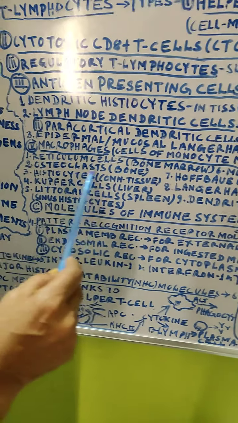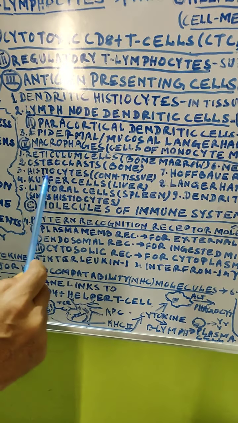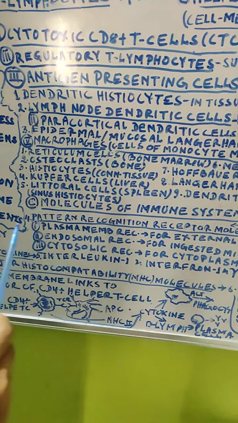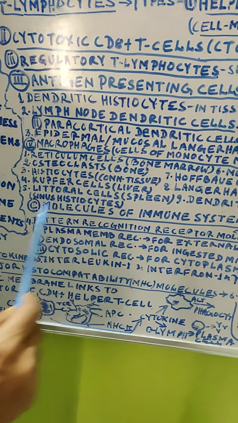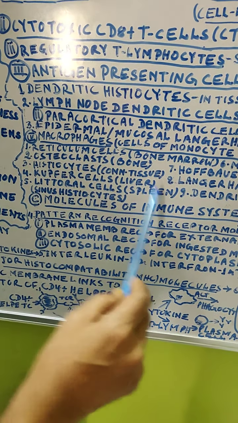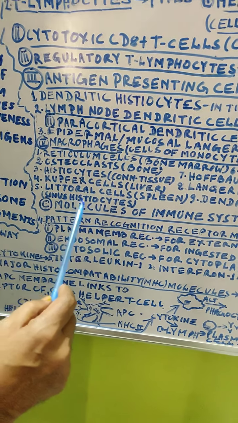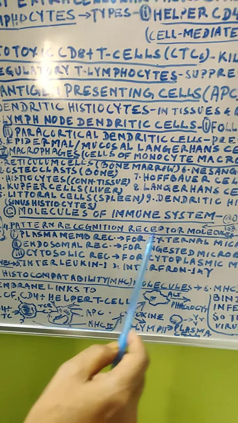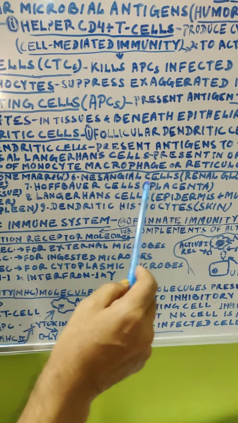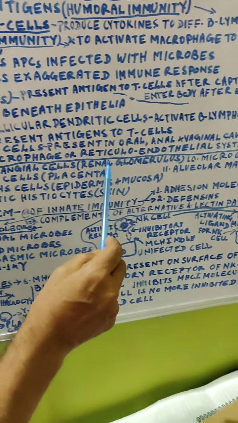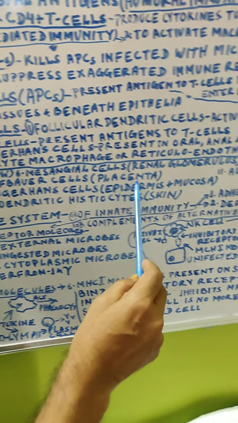Second is the osteoclast, present in bone. Histiocytes, present in connective tissue. Kupffer cells, present in liver. Littoral cells, present in spleen, also known as sinus histiocytes. Next are the mesangial cells, present in the renal glomerulus. Hofbauer cells, present in the placenta.